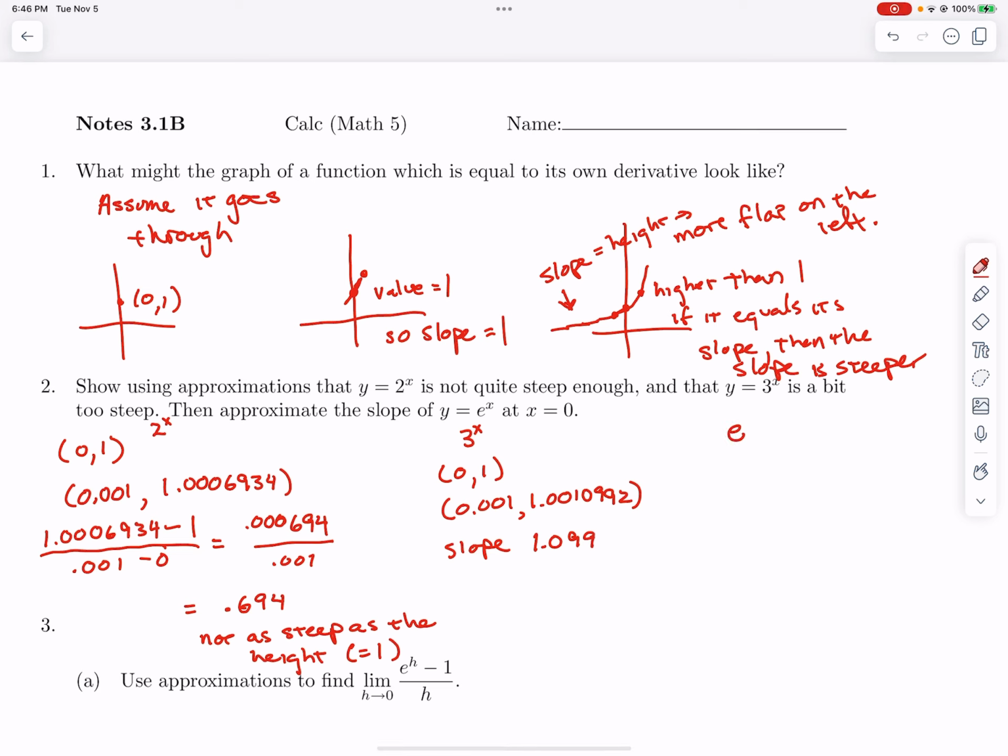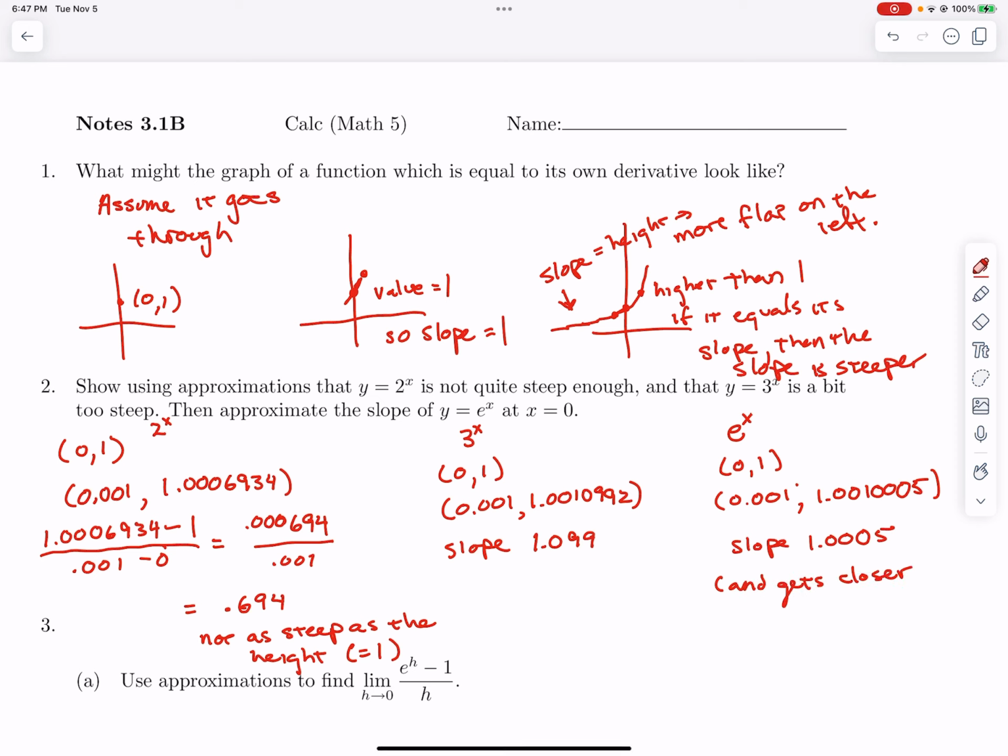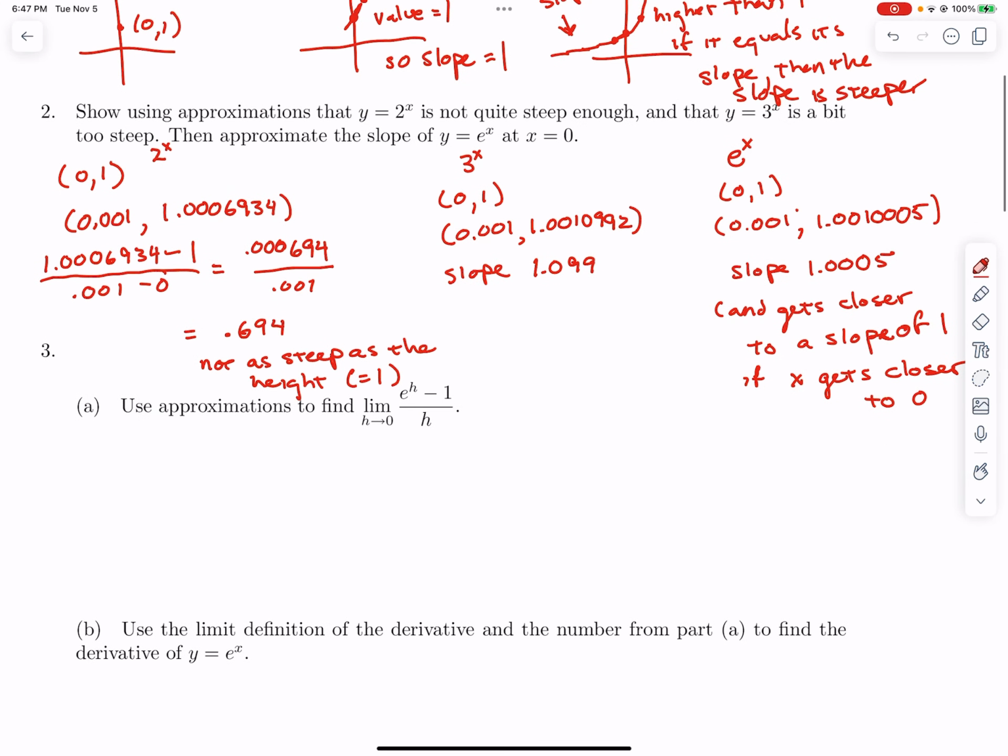Okay, let's try e to the x. That slope is awfully close to 1, and it gets closer as soon as you get really close to the y-axis.